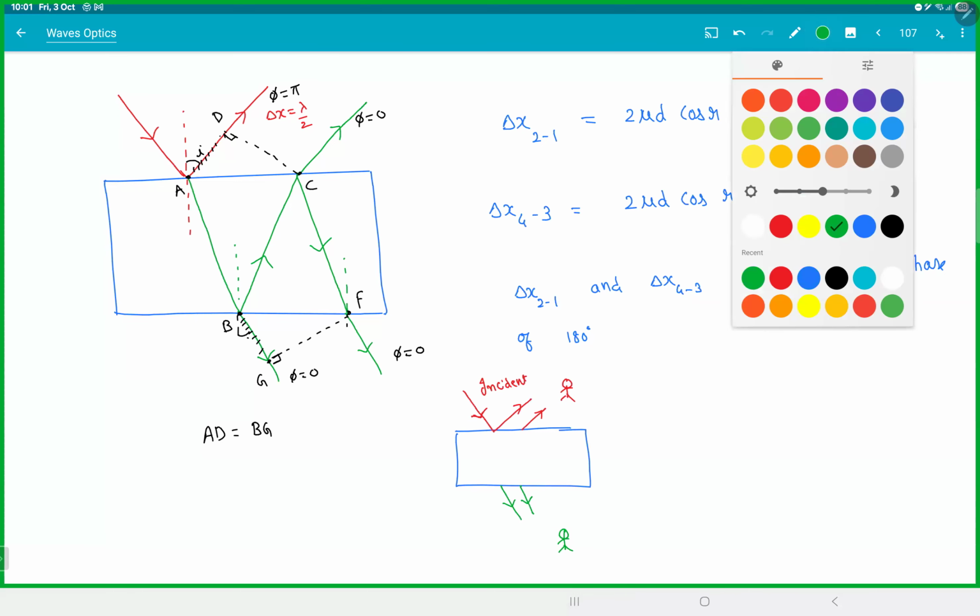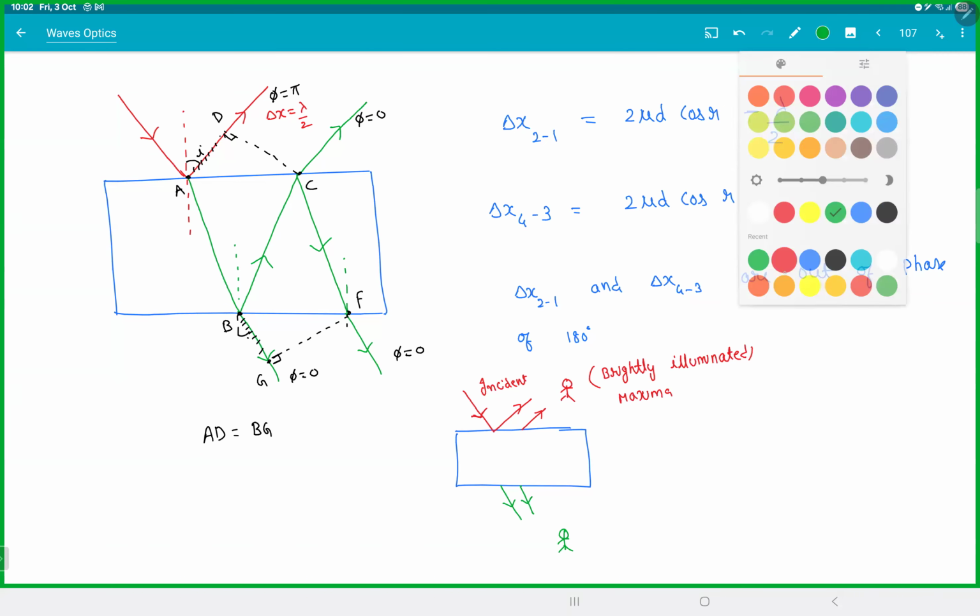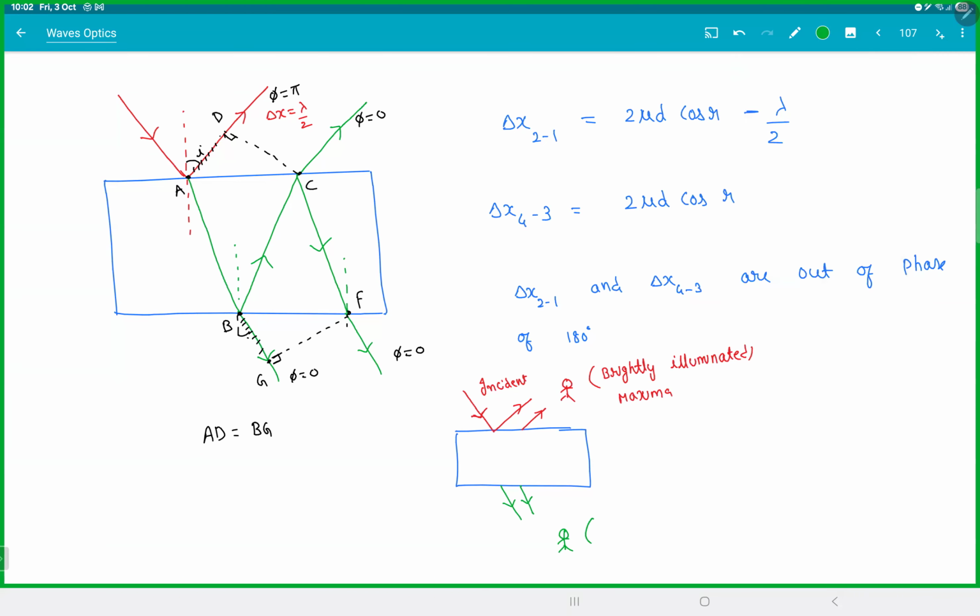If that red person says this is bright, so this is the words they will use. They will not say directly maxima and everything. They will say the screen is, the film is brightly illuminated. These are the words they use. The observer feels the film is brightly illuminated. So indirectly saying this is maxima. If this is maxima, because it is out of phase by 180 degrees, then this guy will see minima. So he will see dull film. The whole film will be dull without any brightness. This will be a minima, destructive interference.